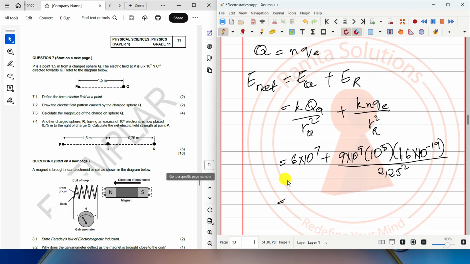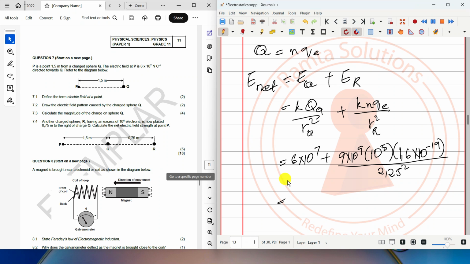So 2,25 squared. Let's see. So 6 times 10 to the 7 plus a fraction. 9 times 10 to the 9 open 10 to the 5. And then 1,6 times 10 to the negative 19 over 2,25 squared.